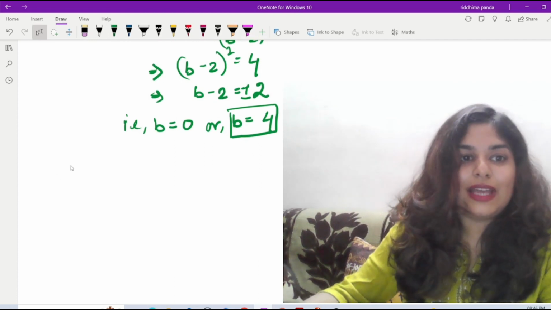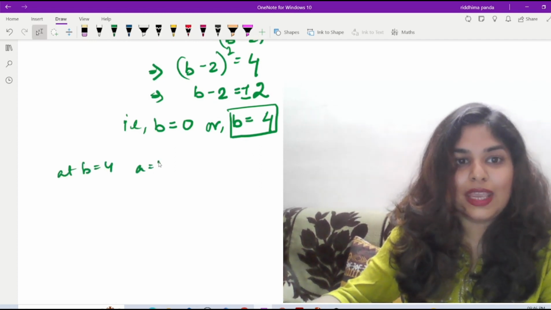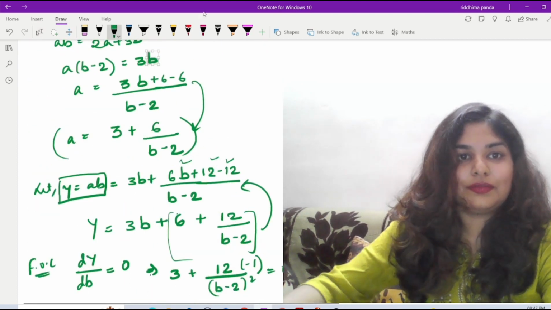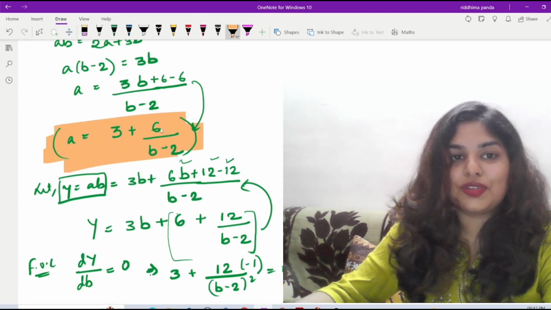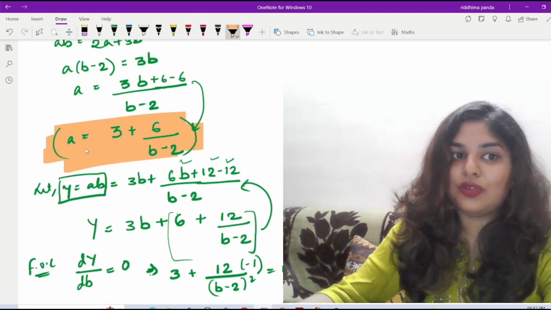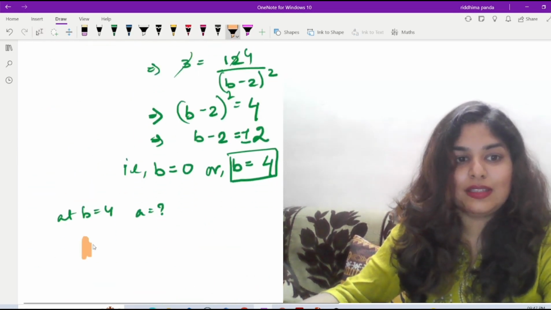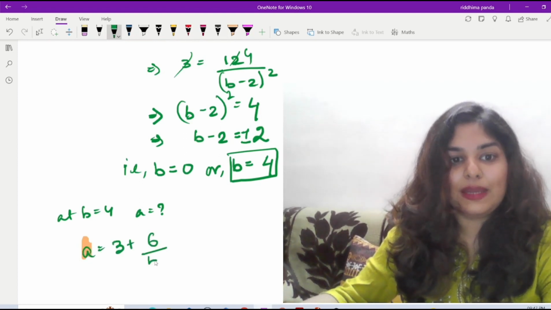Right? So that means at b is equal to 4, how much is a? From this condition, if I put the value of b is equal to 4, I can find out the value of a. So let us put the value of b and calculate a. That is a is equal to 3 plus 6 by b minus 2.